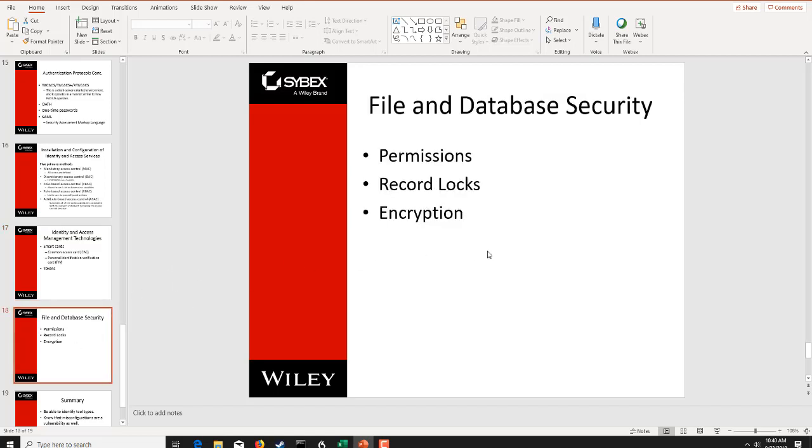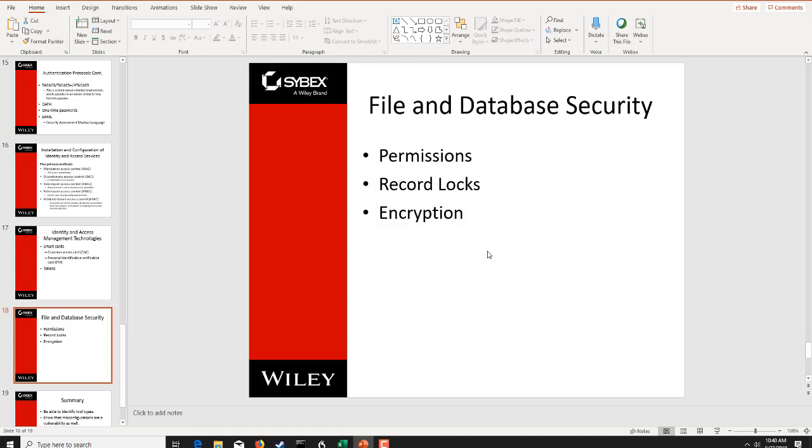All right, coming to the end here, we're going to talk briefly about file and database security. This wasn't even included in the slide deck that I got from the vendor. I actually had to add this in. But file and database security is just as important from a permission standpoint.